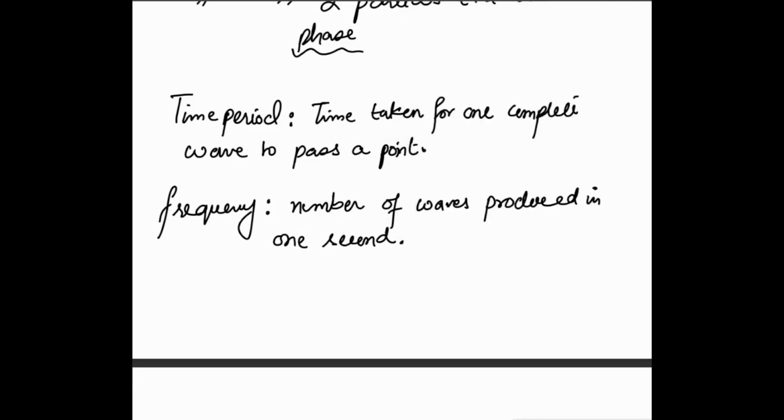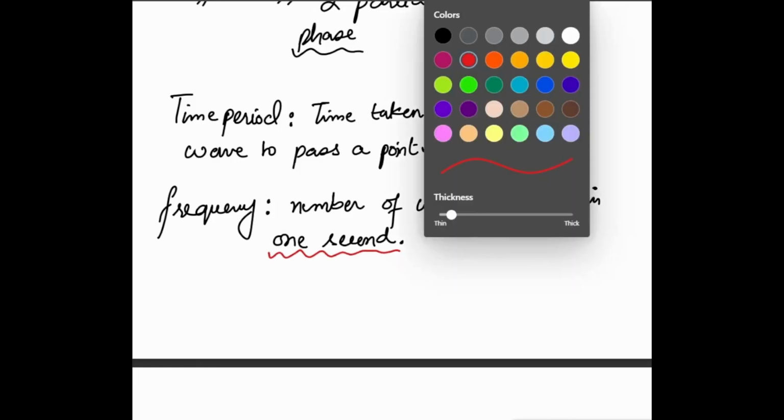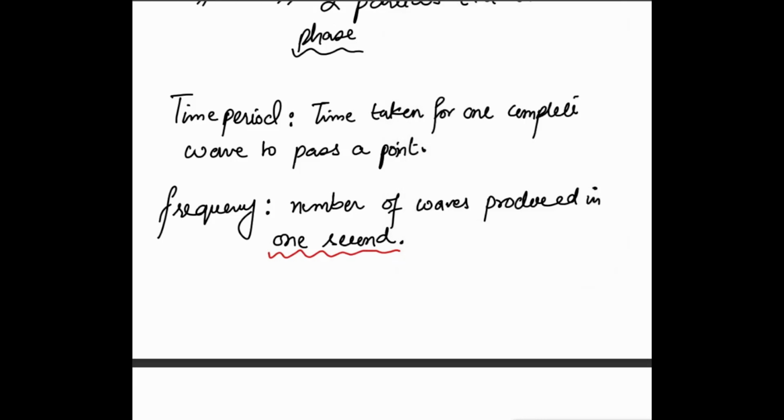You cannot write down per second or unit time, you have to specifically write down 1 second. This is the new improvement in the syllabus. Previously it was number of waves per unit time, or number of waves per second or something like that. No, it's going to be number of waves produced in 1 second, explicitly in 1 second. Okay.